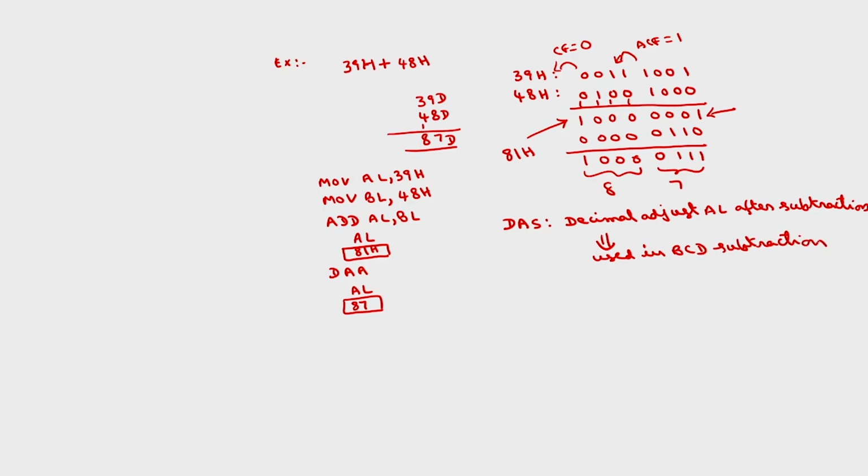If the auxiliary carry flag is set, this instruction subtracts 6 from the lower nibble.